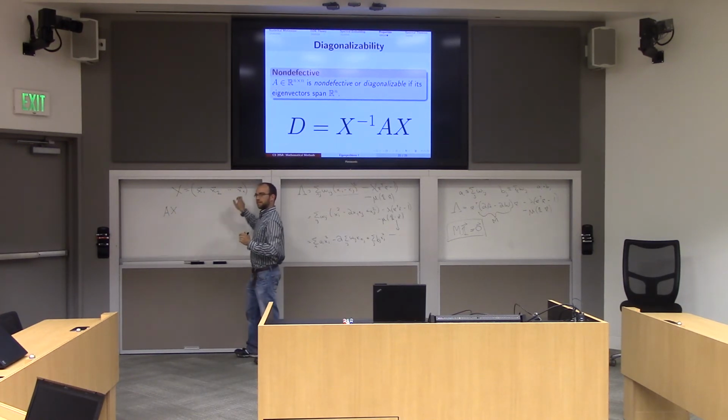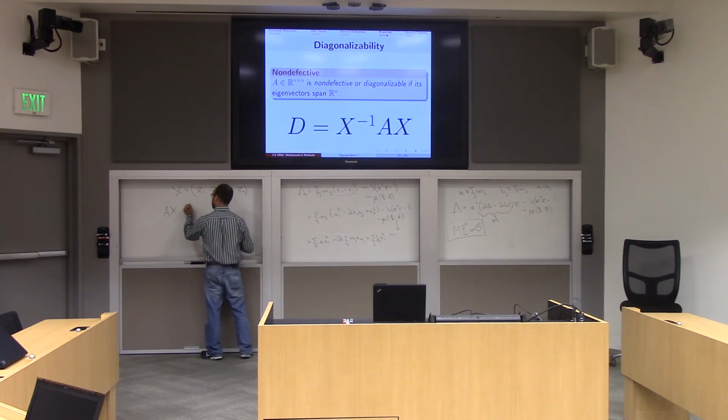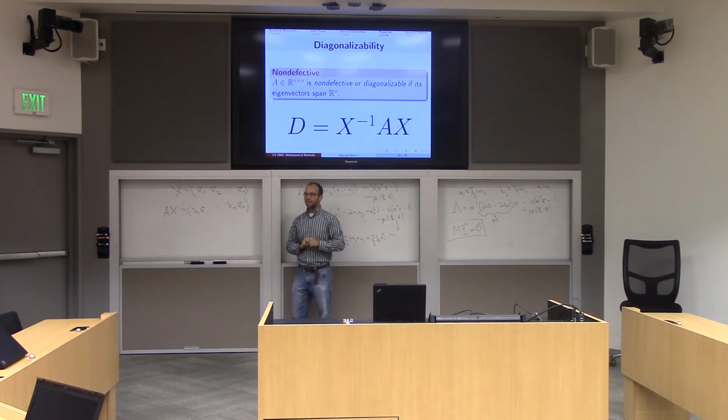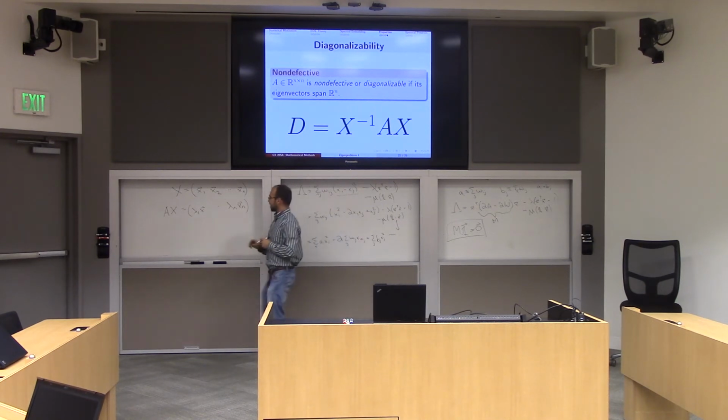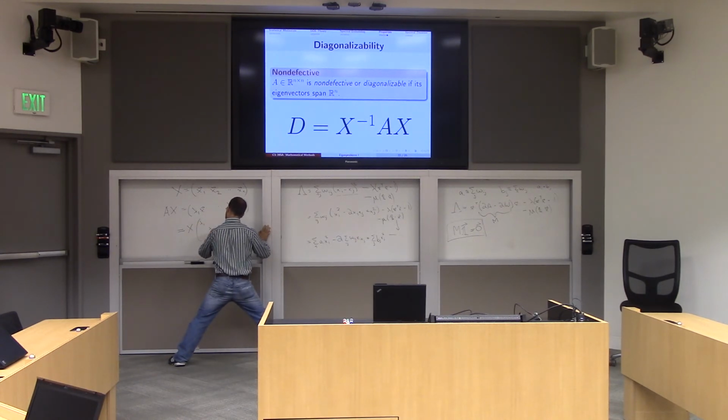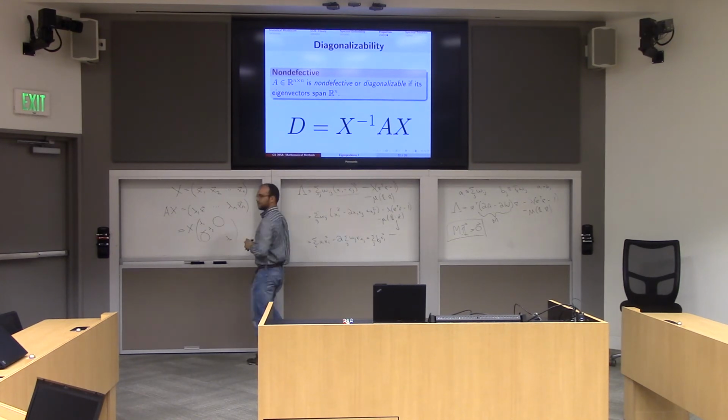So in the end, you're going to get a matrix that looks like lambda 1 times x1, all the way to lambda n times xn. Well, this looks like a column operation. See what I did here? These are scaling the columns of X by different lambdas. So in particular, this is X times this matrix: lambda 1, lambda 2, through lambda n on the diagonal, and 0 elsewhere.